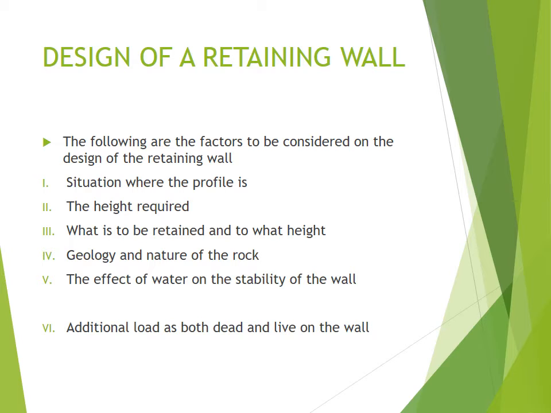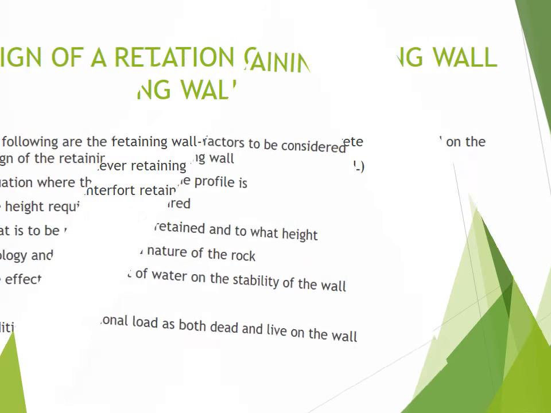Due to some gradient, you find that there is a flow of water that can affect the stability of the wall. Then lastly, additional load, both dead and live, on the wall. You find that there is some load that can be imposed on the wall, either dead or superimposed loads. So those are the factors to consider when designing the wall.